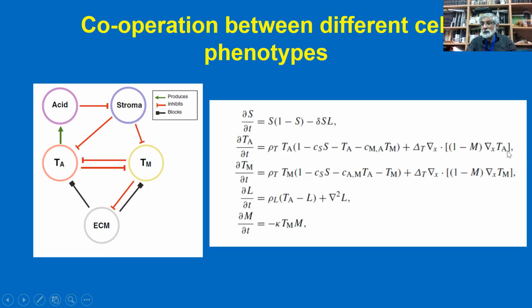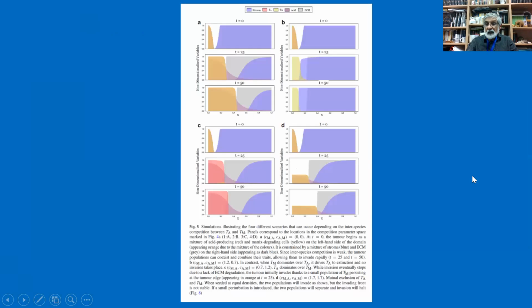And then this is movement up. This is diffusion, but where the matrix is hindering the diffusion, but the TM cells degrade the matrix and reduce that. And then we get traveling waves.